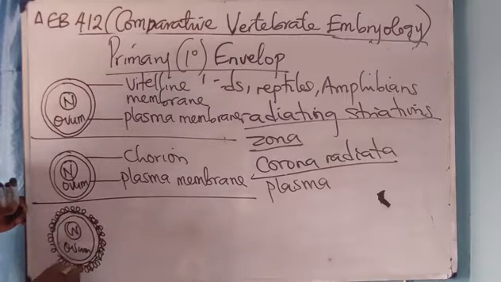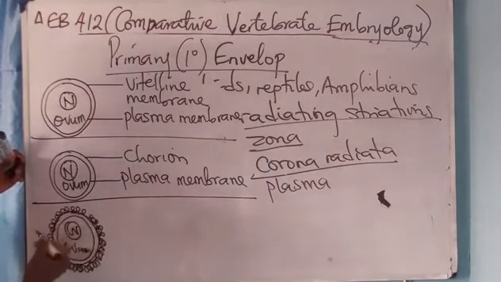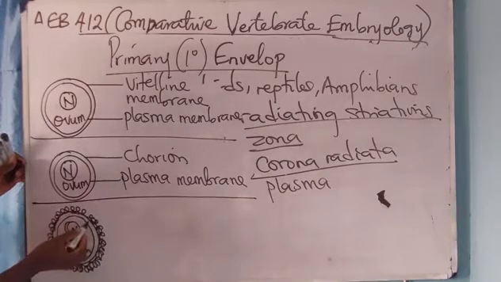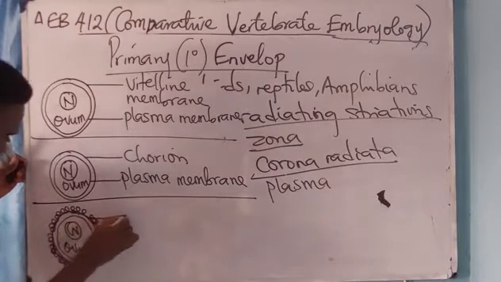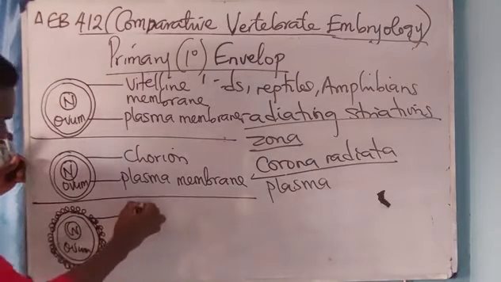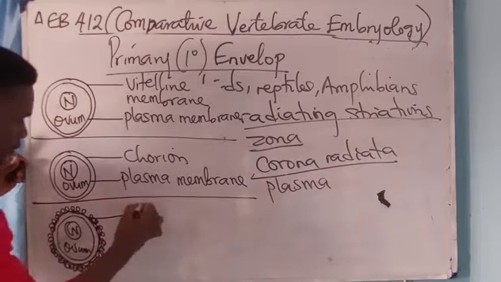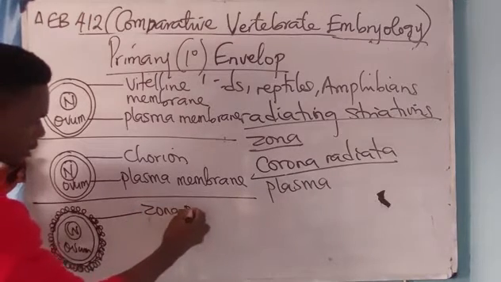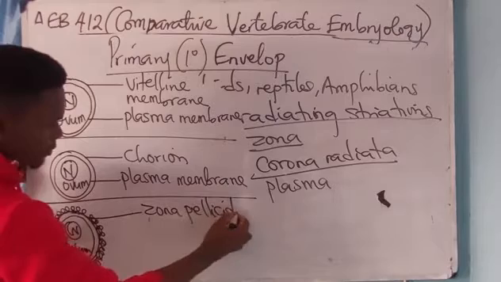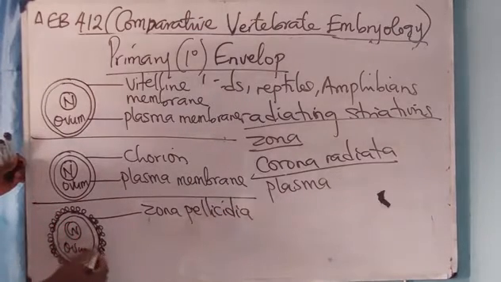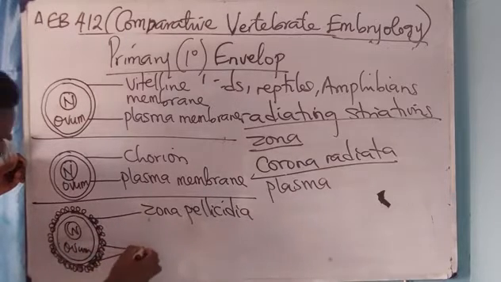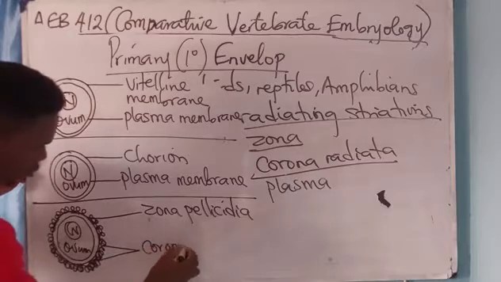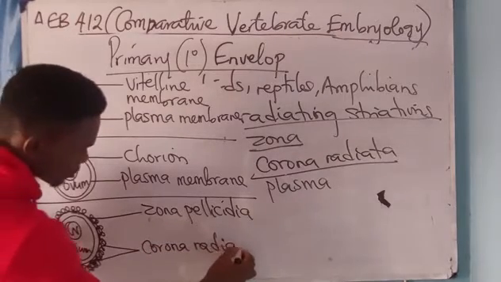Now, definitely you know that this outer one is called the zona pellucida. These cells carried on the surface of the zona pellucida are called the corona radiata, as I told us before.